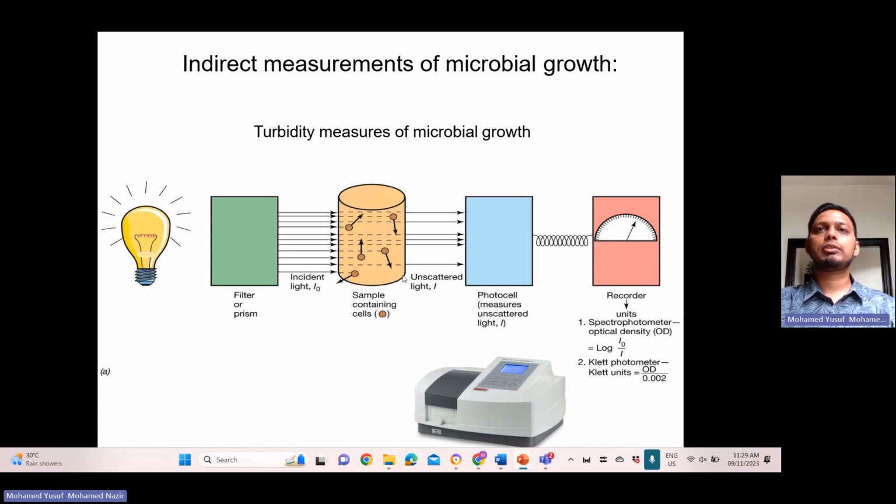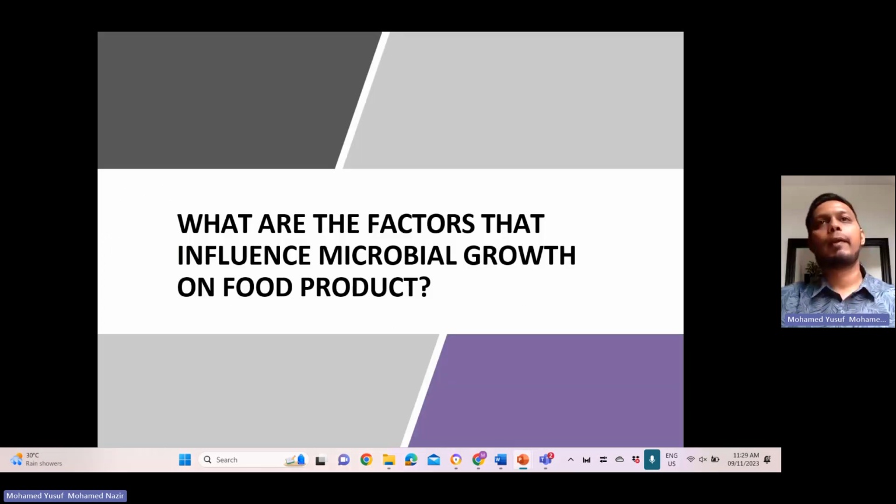We put our culture in a cuvette, and then the absorbance of the cells will be measured. From the measurement, we can measure the number of cell growth. So these are examples of methods or techniques that we can use to measure microbial growth.